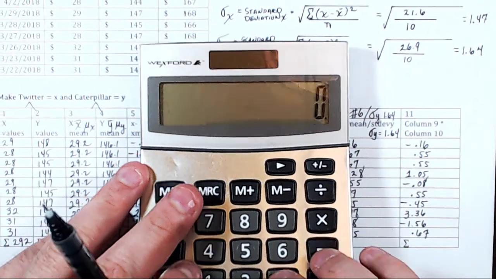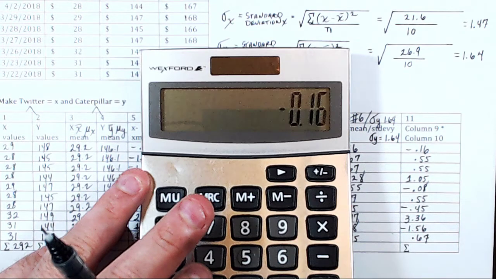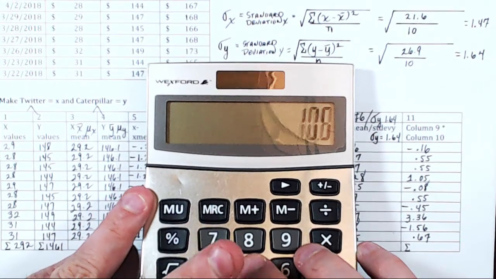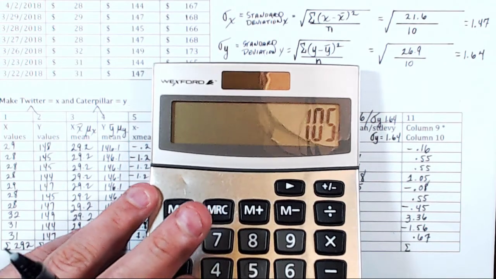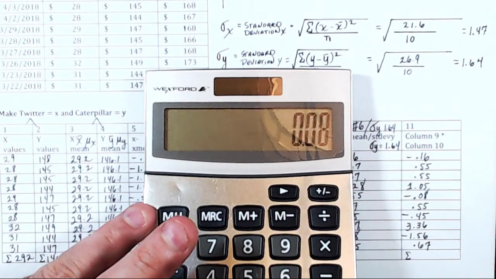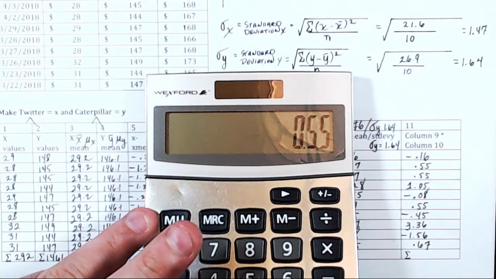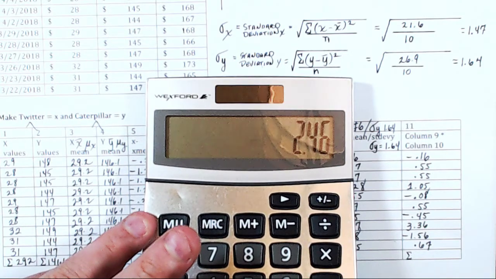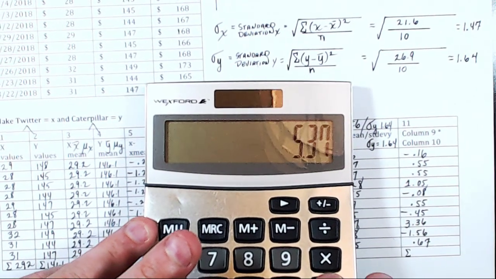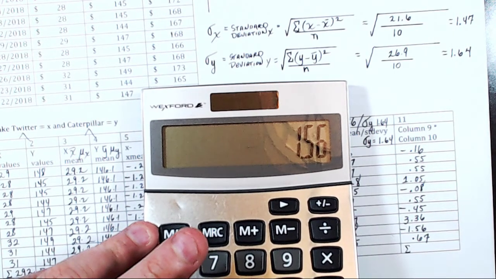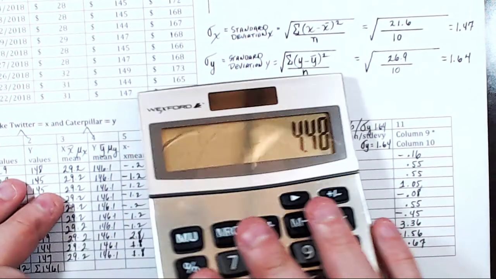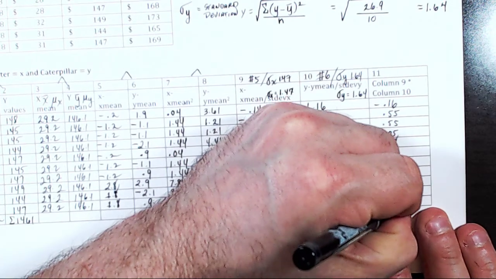Minus 0.16 plus 0.55, be careful, plus 0.55 plus 1.05, plus minus 0.08 plus 0.55, plus minus 0.45 plus 3.36 plus minus 1.56 plus 0.67 equals 4.48. Okay, so the sum down here is 4.48.